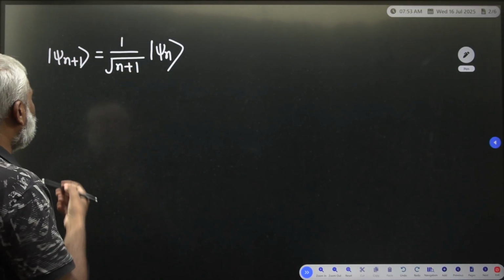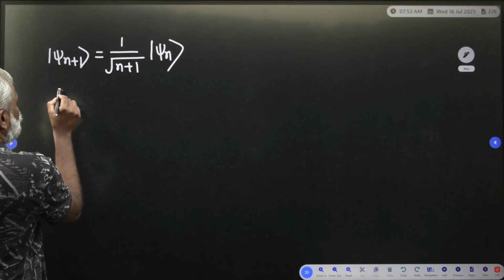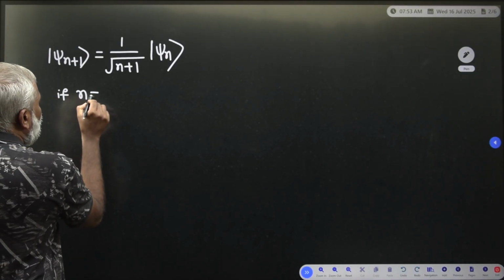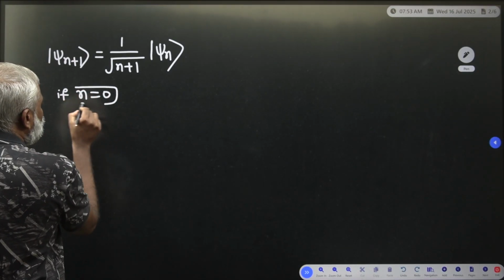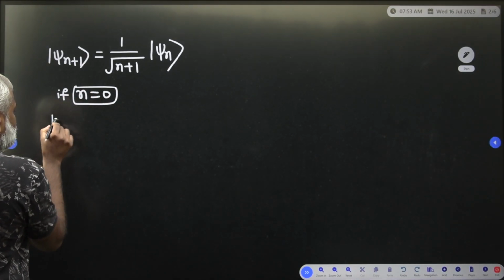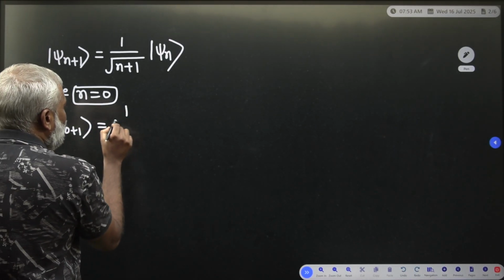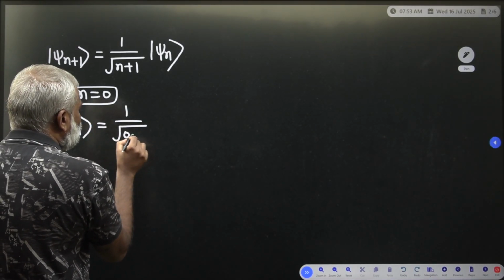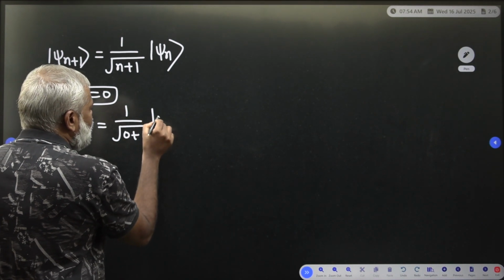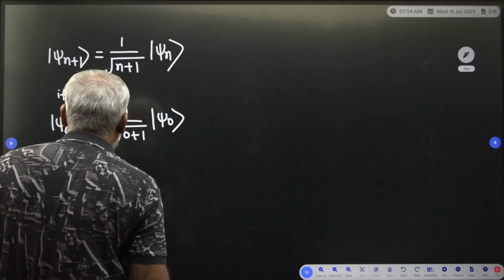Clear? So, if n is equal to 0, what are you going to get? Ket psi 0 plus 1 is equal to 1 by square root of 0 plus 1 into ket psi 0, you are going to get ket psi 0.